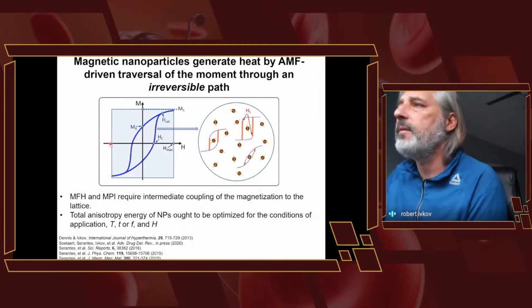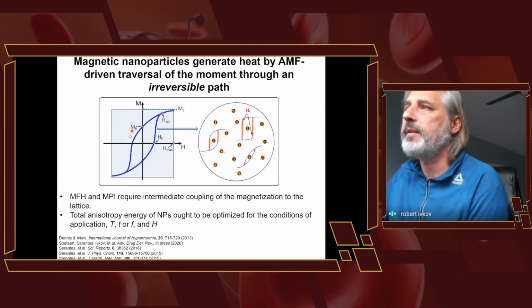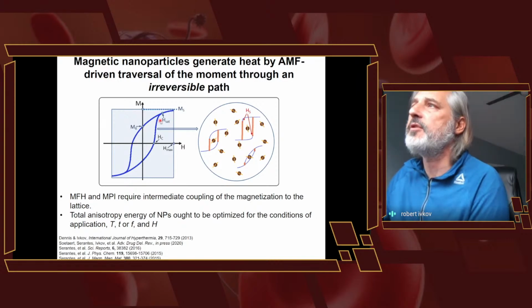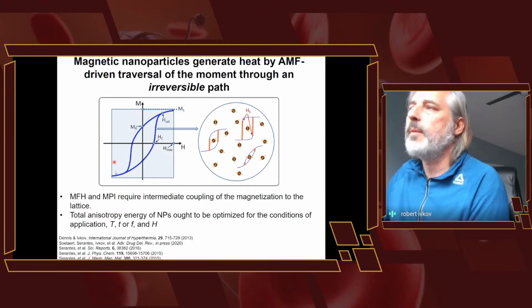And then if I repeat that process, I'm going to retrace, but now a different path. So a ferro- or ferrimagnetic material generates what we call an irreversible path. And this is a key requirement of a material to be able to generate heat with an exposed magnetic field.